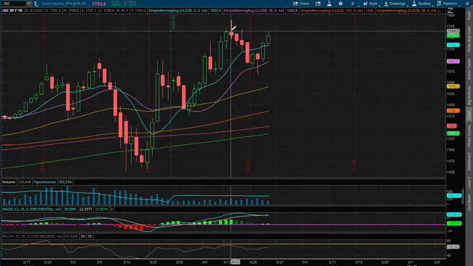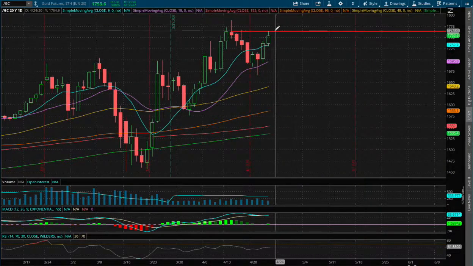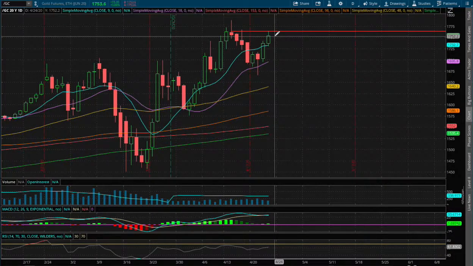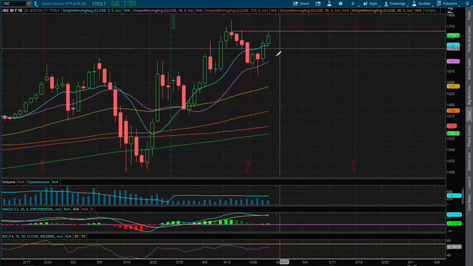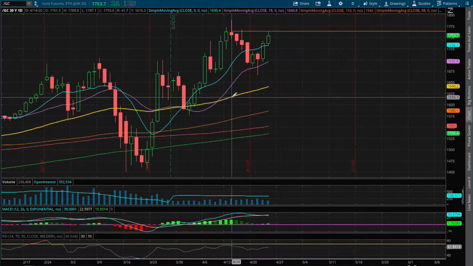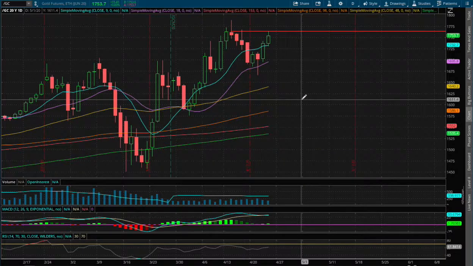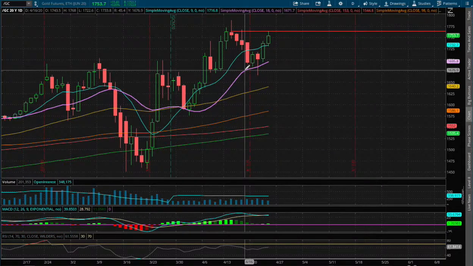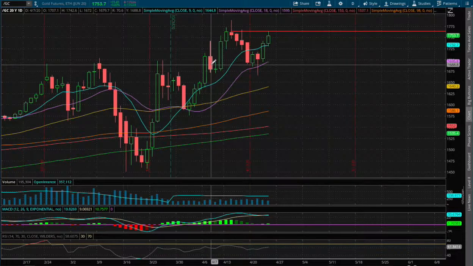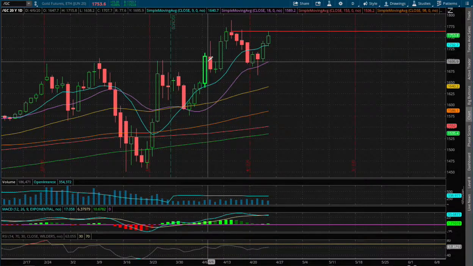If we continue to move up higher, we did attempt to touch that level today, and throughout the day we declined a bit. And as for support, if we do manage to reverse and head down lower, the next support that I see is the 18-day moving average, this purple line, and that did act as our previous support back on April 20th and also acted as previous resistance back on April 6th.